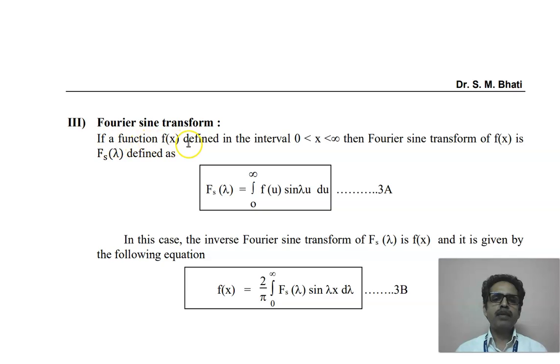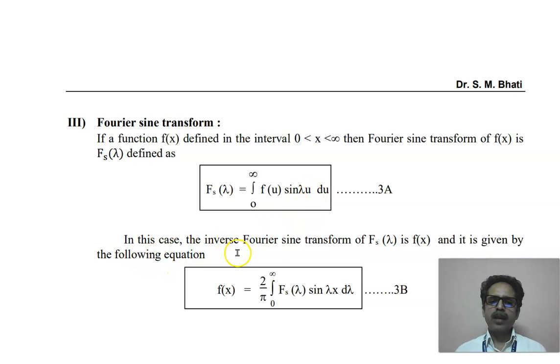If a function f of x is defined in the interval 0 to infinity, that is, x is a positive number greater than 0 and less than infinity, then the Fourier sine transform of the function f of x is capital Fs lambda, and it is defined by this equation: capital Fs lambda is equal to the integration from 0 to infinity of f of u sine lambda u du.